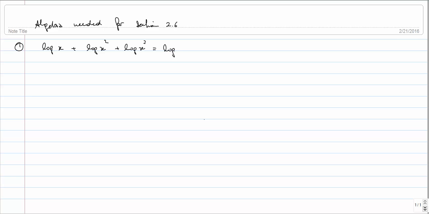This is equal to logarithm x times x squared times x cubed, and I used the rule log a plus log b. A and b are called arguments of the logarithmic term. If I'm adding two separate log terms, I can write it with a single log term multiplying the arguments, a times b.